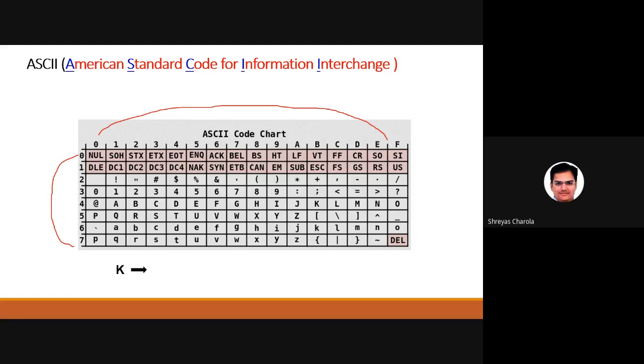How many binary bits are required to represent 0 to F? That is the maximum number F. And how many bits do you require to represent the number 7? Write it down in the chat box, the binary bits for F and the binary bits for 7.